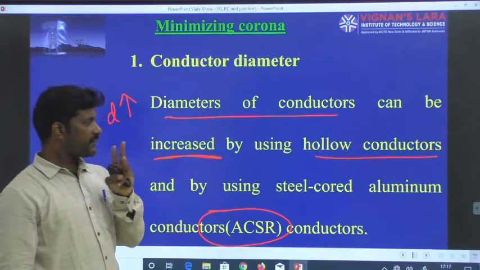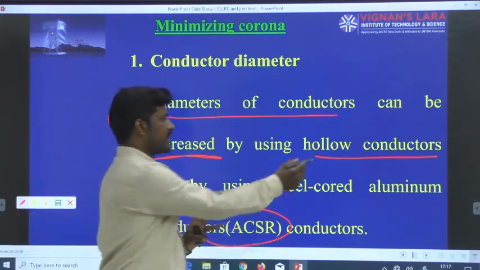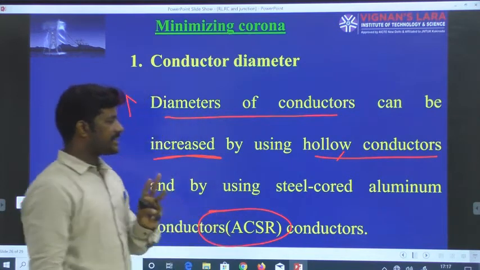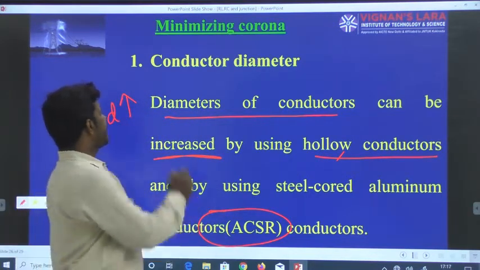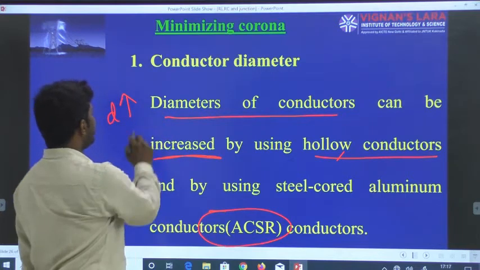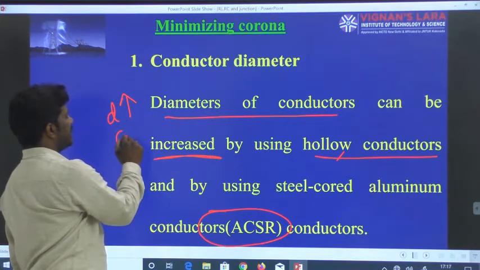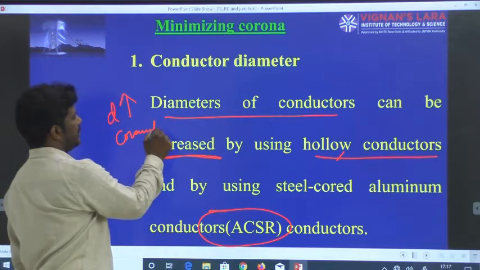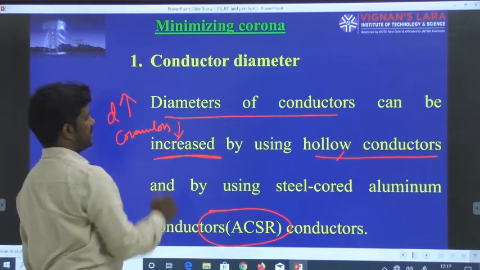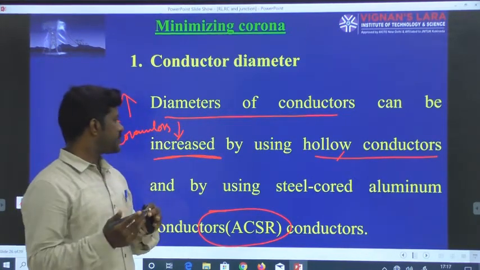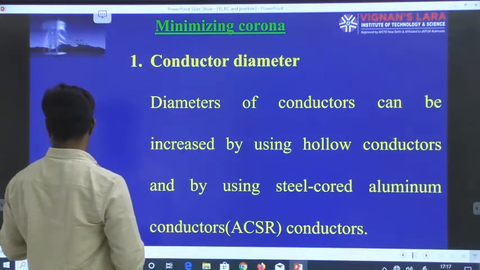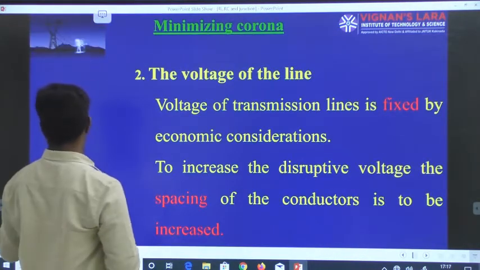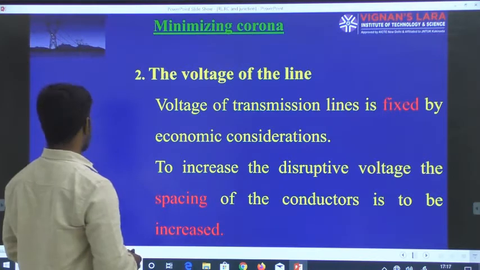By using any of these three, we can increase the diameter. If the diameter gets increased, then the corona loss will be minimized because it takes more voltage to break down the air.